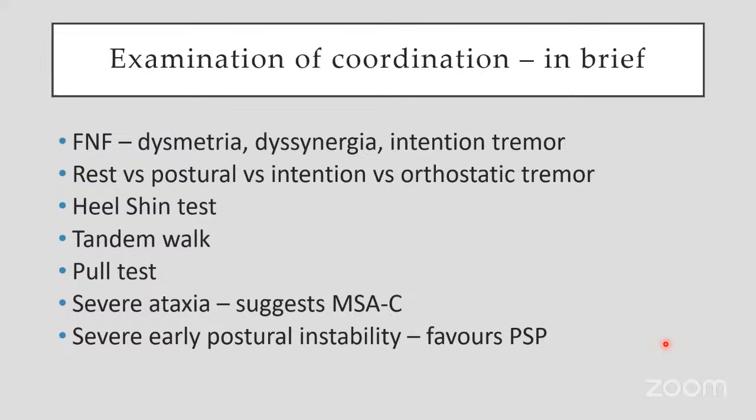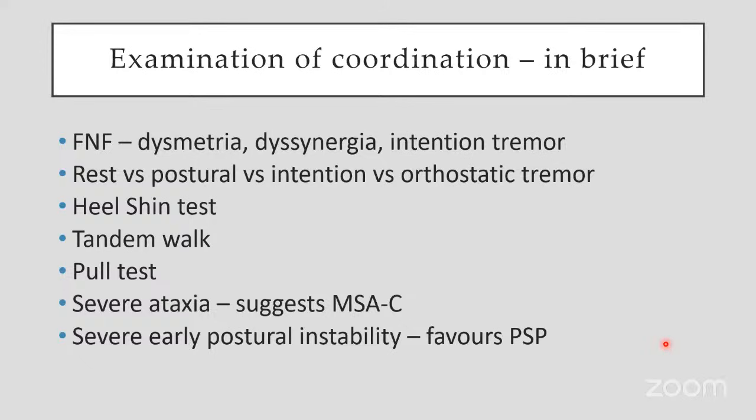For coordination, we check for dysmetria, dyssynergia, or intention tremor. For the other tremors, it can be a rest tremor, postural tremor, intention tremor, or orthostatic tremor. Rest tremor is when the patient keeps the hands resting on the legs, and we observe. Postural tremor appears when they attain a particular posture.